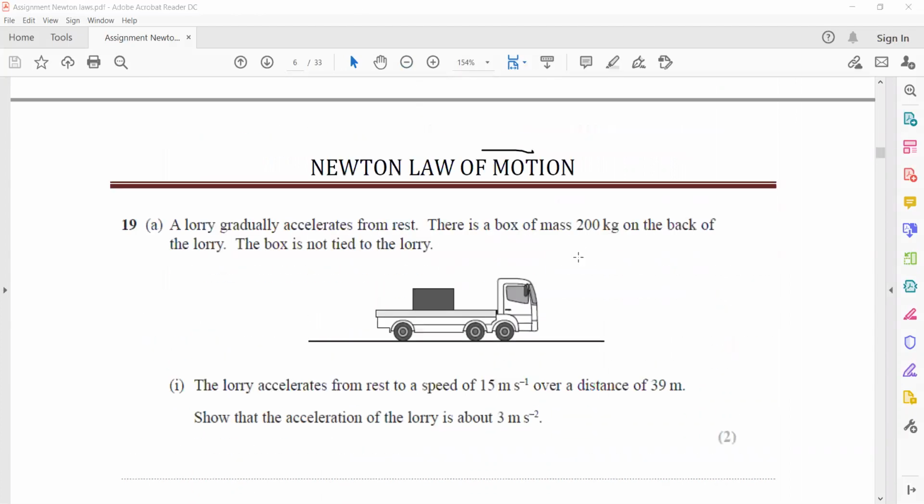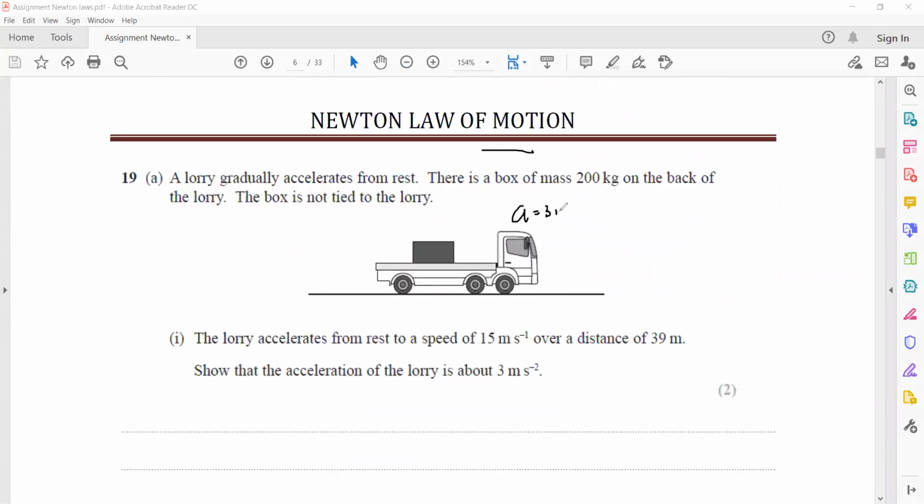The acceleration of the lorry is the same as the acceleration of the box. The frictional force is 630 newtons maximum. The question is why it limits the maximum acceleration, meaning why a lorry cannot have acceleration more than that.